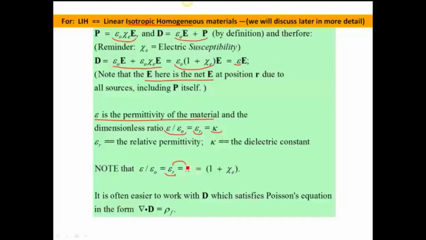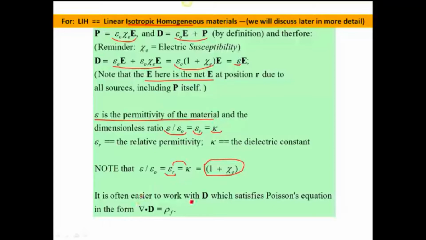And remember from what we have up there, this is equal to 1 plus chi sub E, because this is epsilon, here's epsilon 0, and here's 1 plus chi sub E. So if you take the ratio of this entire thing divided by epsilon 0, this is what's left. But that's also equal to epsilon sub R.